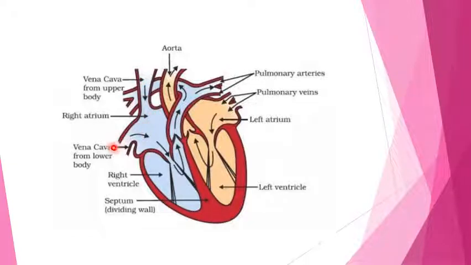This is your inferior vena cava carrying the deoxygenated blood from the lower part of the body to the right atrium. From the right atrium it passes into the right ventricle, and the right ventricle contracts and passes the blood to the pulmonary artery to the lungs for oxygenation.